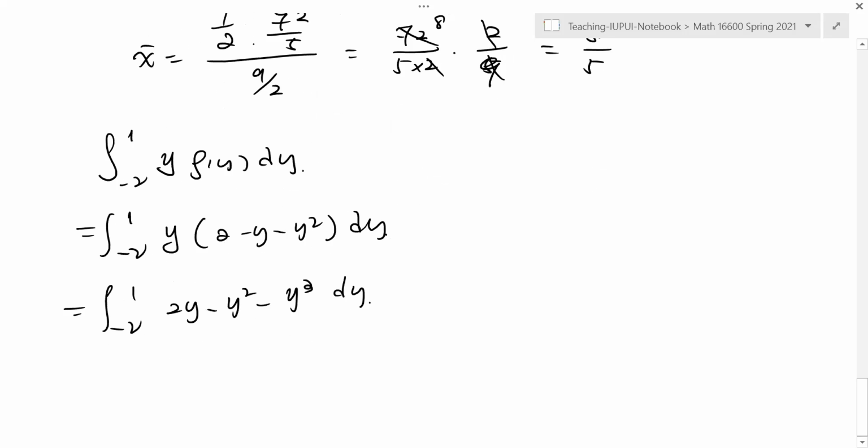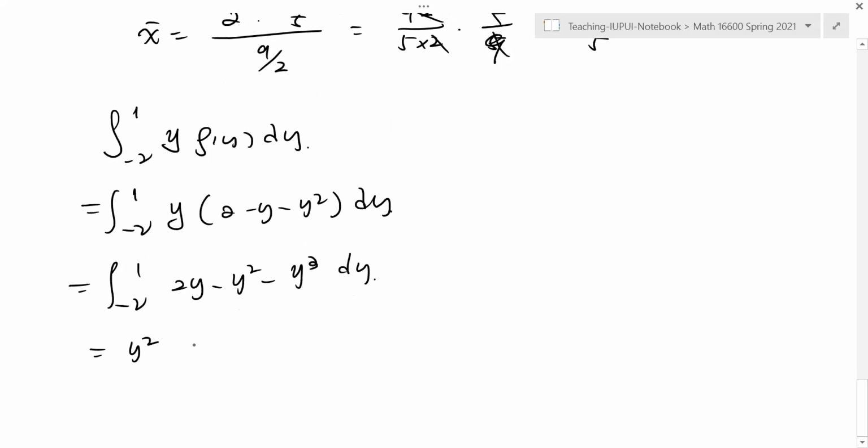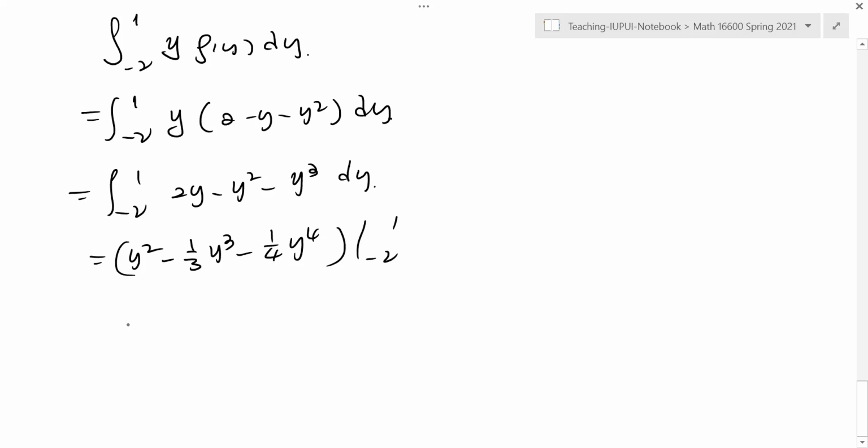Then you find the antiderivative. So y squared, 1/3 y cubed, minus 1/4 y to the 4th power. Let's finish this. 1 minus 1/3, 1/4 minus -2 squared.